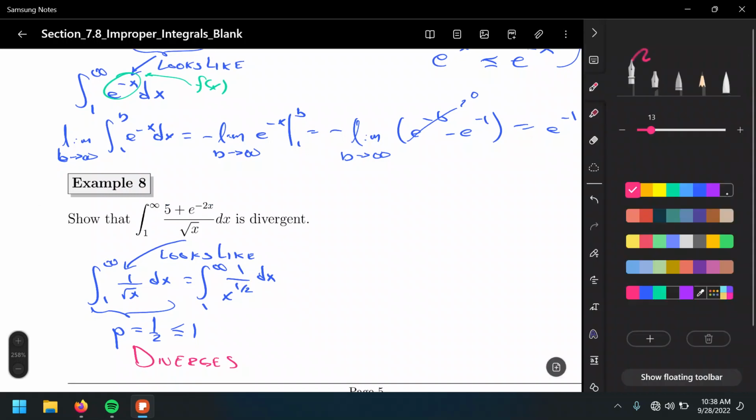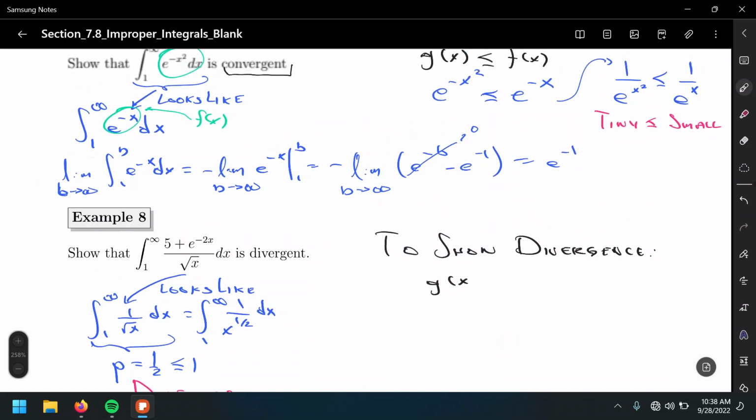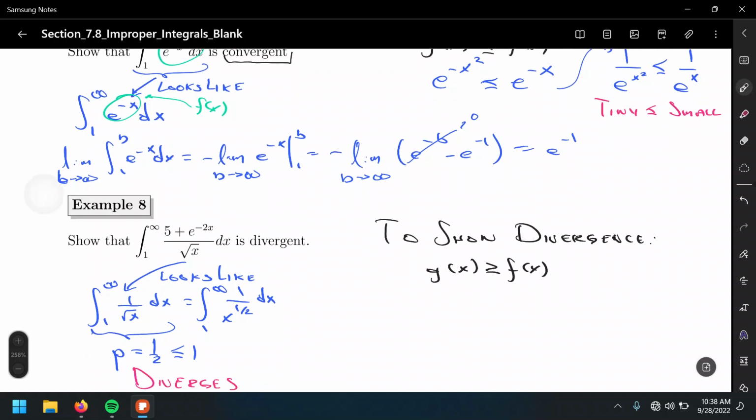Now, to show divergence, we need to show the following. We need to show that g of x is instead the reverse, actually greater than or equal to f of x. Well, what's our g of x?